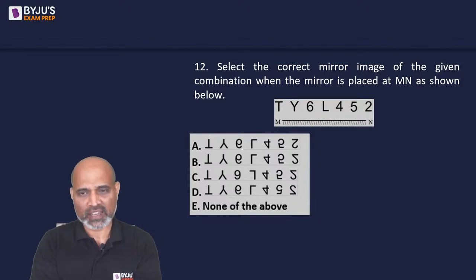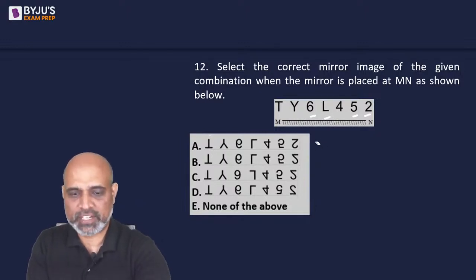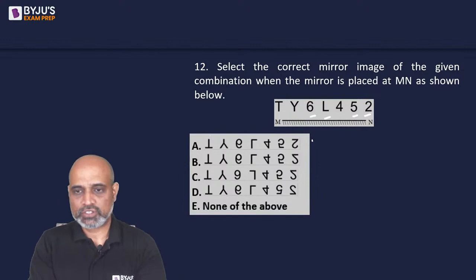Y is the same. Why are you going to check 4? 4 is the same, right? So we are supposed to check 6, L, 5, 2, right? So if we check 6, this is going to give us a 9, not a 9, 9 ka mirror image, right? So this is what we are going to have.